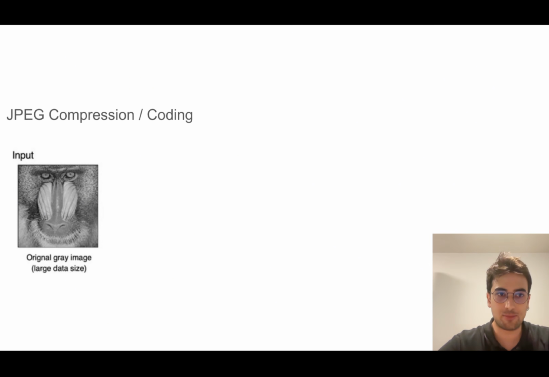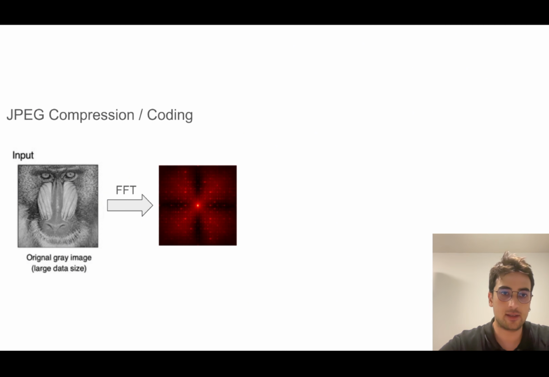So let's talk a bit more about the coding and compression with a better writing, this time better sketches and so on. So yeah, we have the input, let's say an image of a monkey, right? We have the FFT step, so we fast Fourier transform the image. Or in JPEG compression specifically, it's discrete cosine transform, DCT.